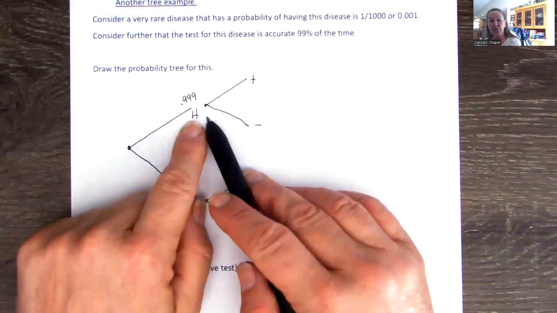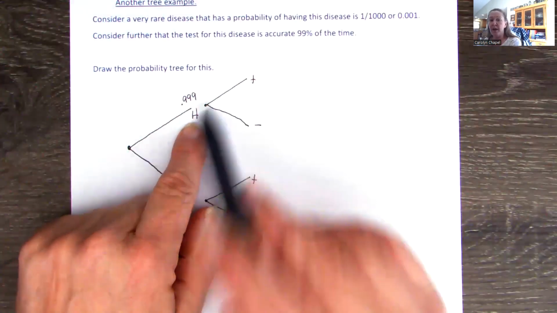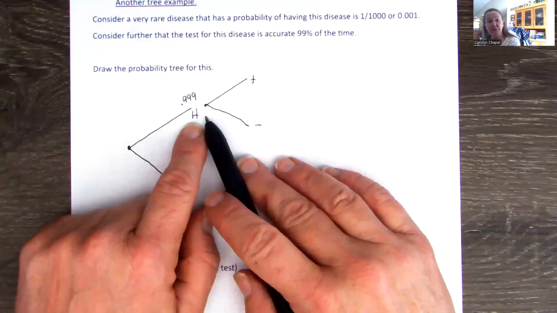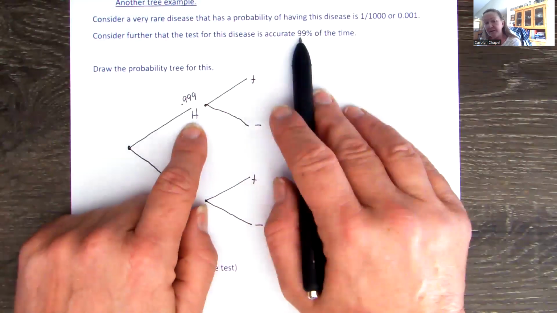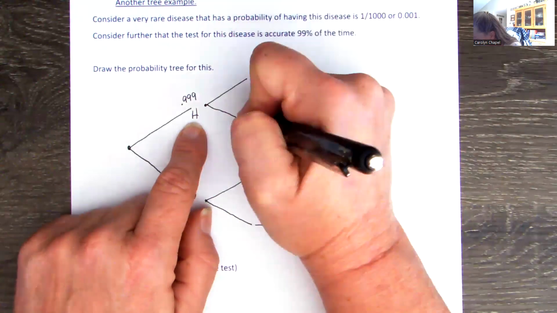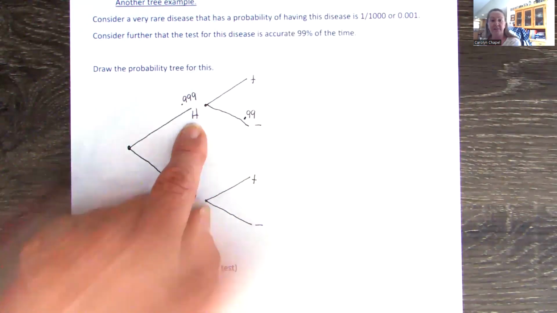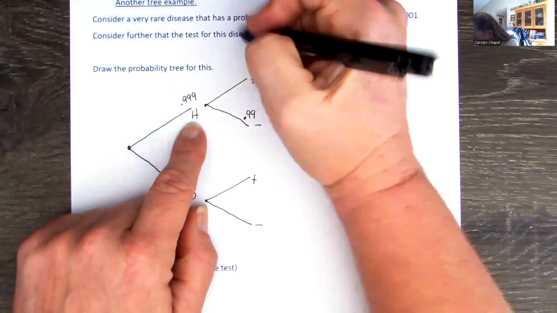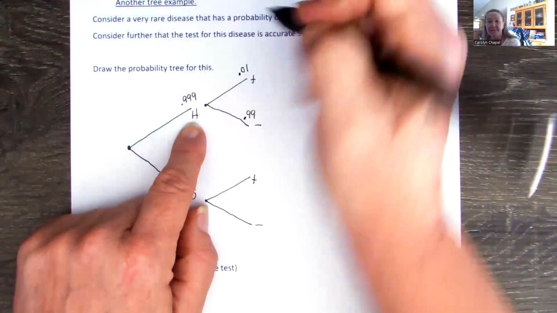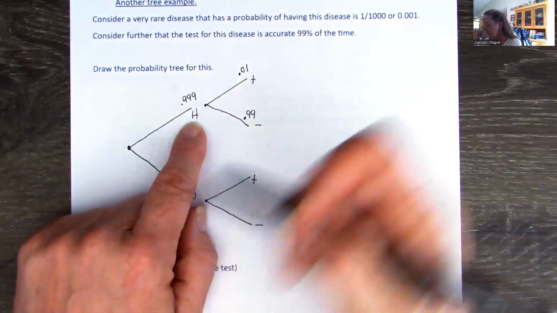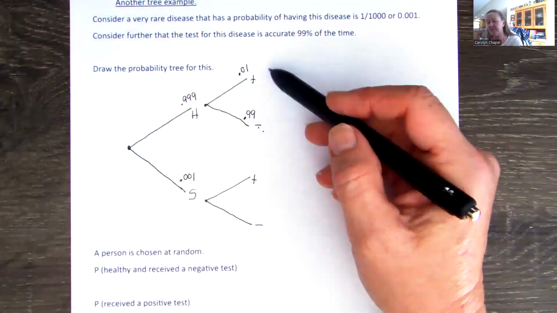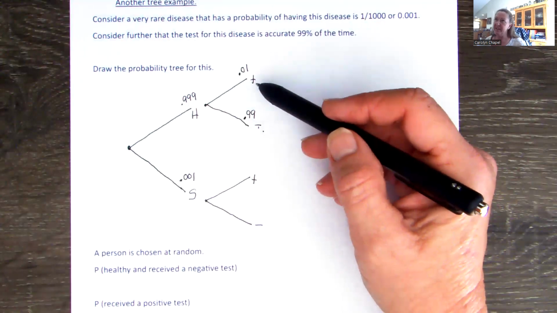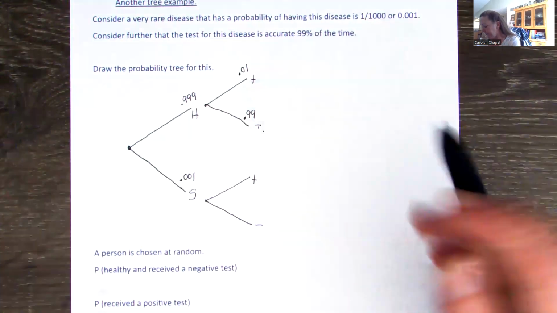So if you are healthy, the correct response of your test should be the negative. So since it's 99% accurate, this 99 is going to be on that negative test. So that means here is a 0.01. Because either you're negative or positive. Negative means you're healthy. Positive saying that you're not healthy.